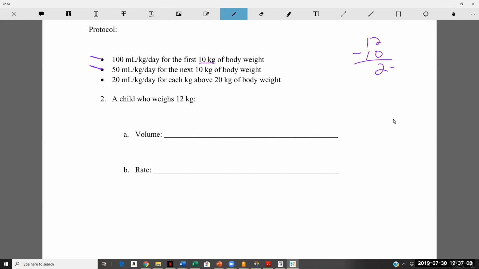So let's deal with our first tier. We have 100 milliliters per kilogram per day for the first 10 kilograms. And our patient does weigh more than that first 10. So we would take our 100 milliliters and multiply it by the 10 kilograms. And that gives us 1,000.